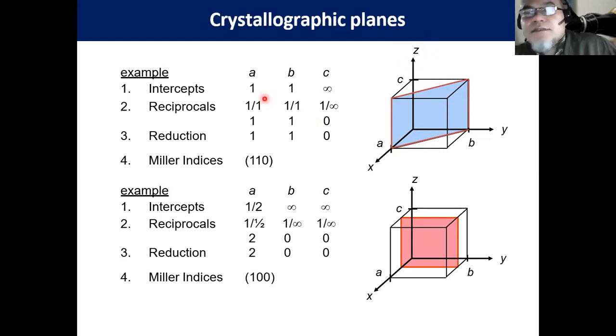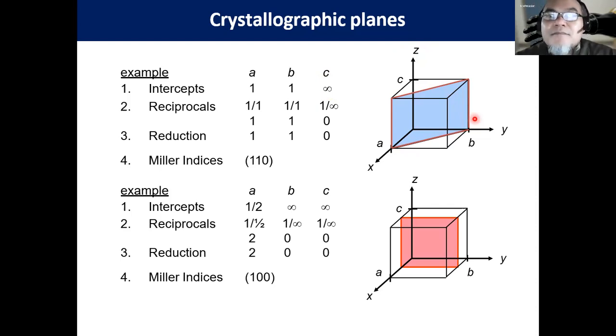Okay, so let's write down the Miller indexes for this plane. The intercept at the x-axis is 1 multiplication of a, where a is the crystal parameter, and 1 b at the y-axis, and it does not intercept at z, or we can write it as infinity. It intercepts the z-axis at infinity, which means basically it does not intercept at all.